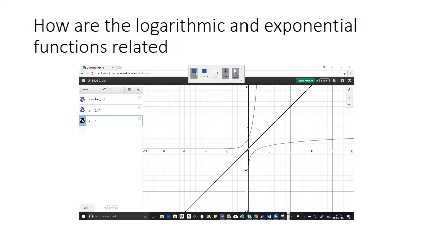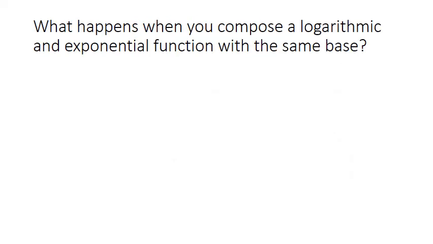What that tells us is that the logarithmic function and the exponential function are inverses of each other. Remember, inverse functions will always be symmetric with respect to the line y equals x. So if we compose them, it should just leave us with x.